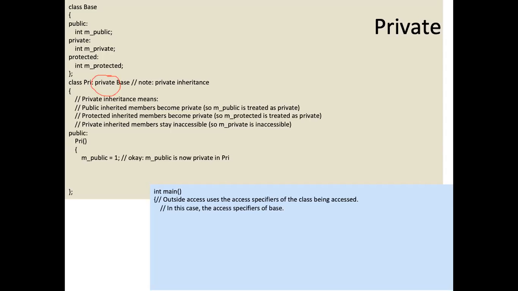I'll just show you an example, ठीक है। प्राइवेट मेंबर रिमेन्स इनएक्सेसिबल, तो प्राइवेट ऑफ द बेस क्लास इज इनएक्सेसिबल। प्रोटेक्टेड मेंबर which was a protected member in the base class now will act as a private member of the derived class.